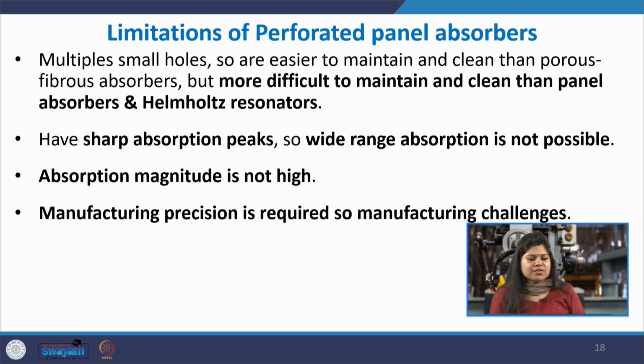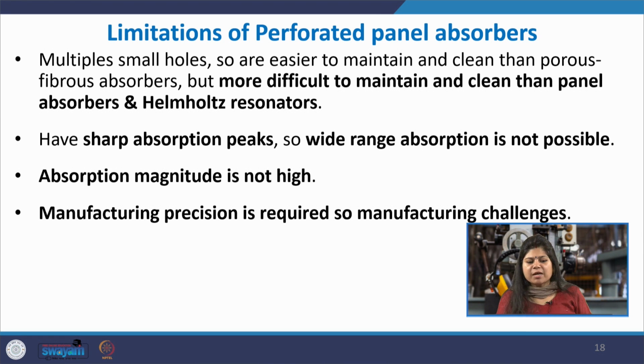The limitations are that you have multiple small holes, and compared to a panel absorber or a Helmholtz resonator, they are more difficult to maintain and clean because there are so many holes and perforations, which again should be of uniform size. So, there is first a challenge in manufacturing these panels, because any dimensional inaccuracy in the manufacturing can change the absorption response.